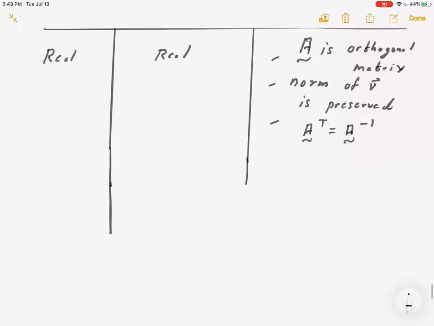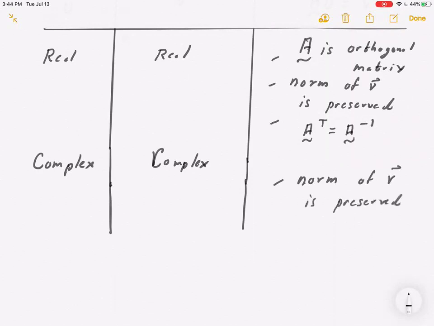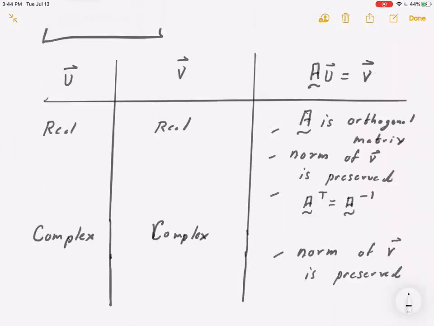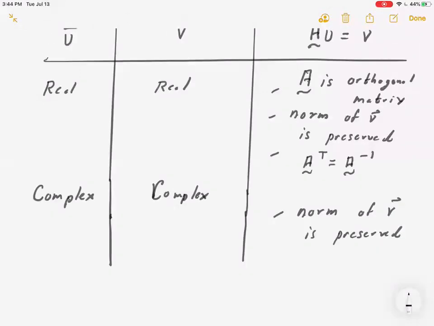Let's contrast that with the case where U and V are complex vectors. If you want the norm of V to be preserved, in other words, the norm of V is the same as the norm of the vector U, then A has to be a unitary matrix.